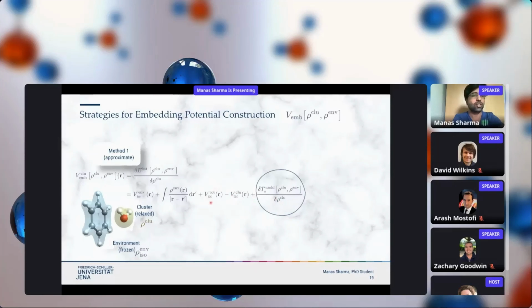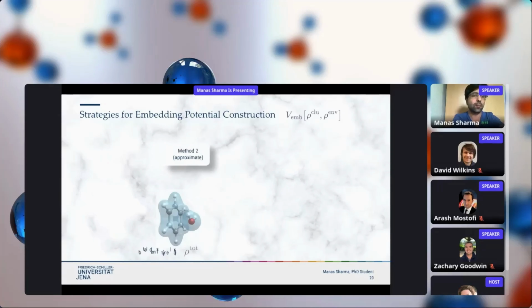Just like the exchange correlation term, the exact form of the kinetic energy density functional is not really known, and you cannot really get exact results. In the second method, we relax the density of the total system using a lower level of theory like LDA-DFT, and then we subtract the isolated cluster density, also determined using the lower level, for example LDA-DFT.